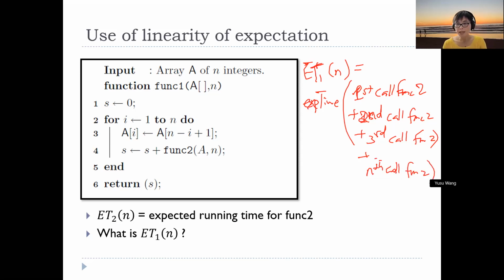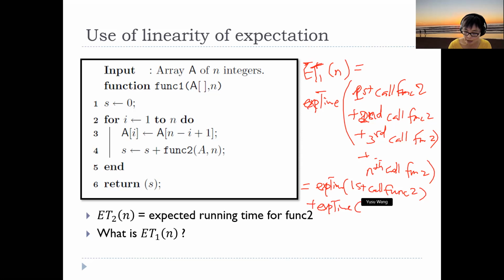By linearity of expectation, the expectation of this whole thing equals the sum of the expectation of each individual one. So this is the same as the expected time for the first call of function 2, plus the second call, plus in the end the nth call of function 2.